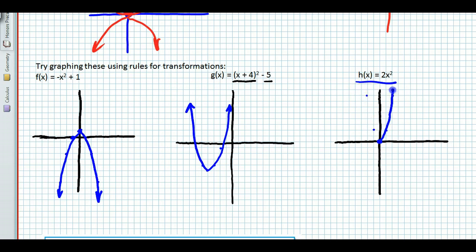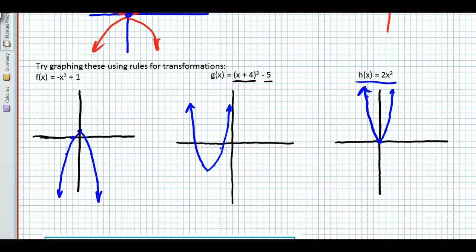So it's increasing twice as rapidly as normal. Oh, that's kind of ugly, isn't it? Let's clean that up. Here we go.